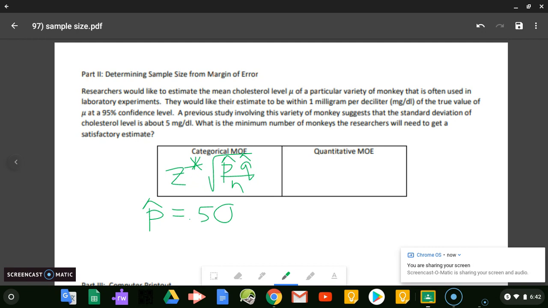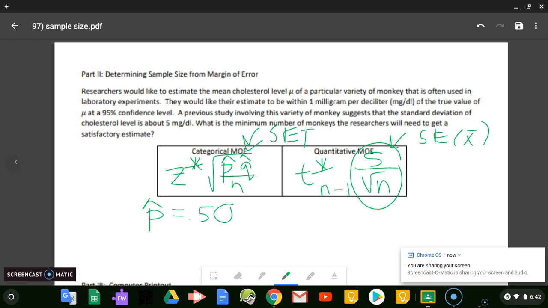Now, using that same idea, if we're talking about something quantitative, we would really want to use critical t. Remember, n minus 1 comes from the degrees of freedom. And then it would be s over the square root of n. This piece here is the standard error of your x-bars, just like the other piece was the standard error of the p-hats.